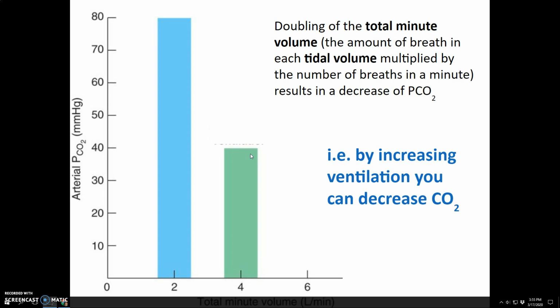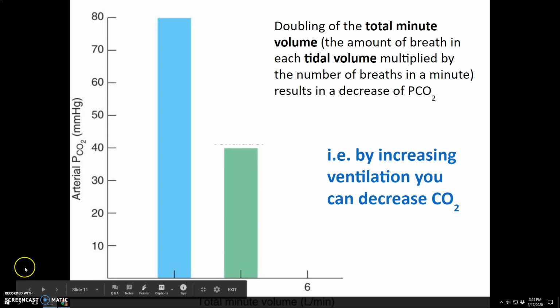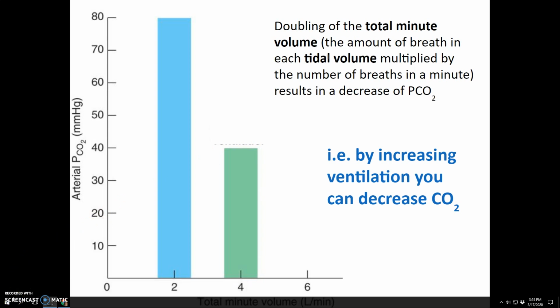So I'm going to stop the video there, and now we're going to move on to oxygen transport in the next video. In that next video, I'll talk a little bit about why oxygen is not used particularly to detect the body's needs from an oxygen level. The basic reason is that oxygen is actually not mostly dissolved in plasma, and so it's not really accessible to any of these chemoreceptor cells to be detected.